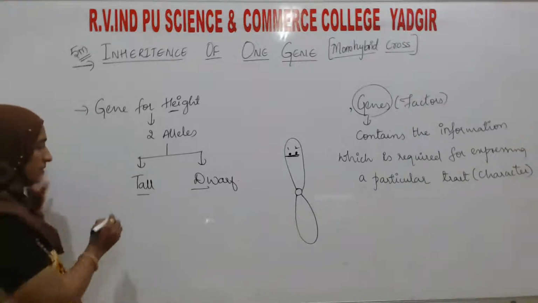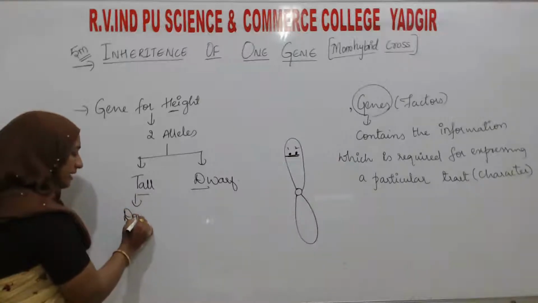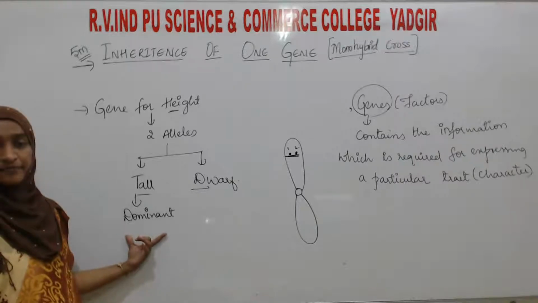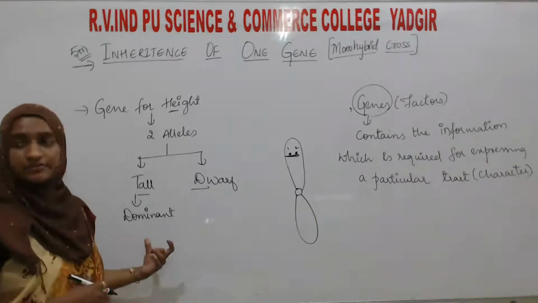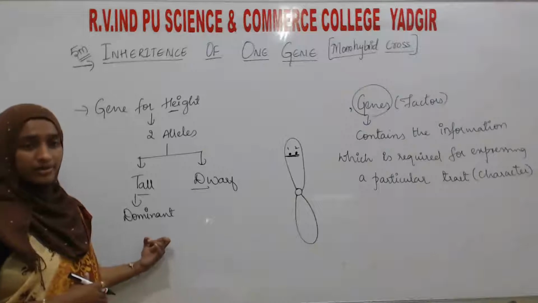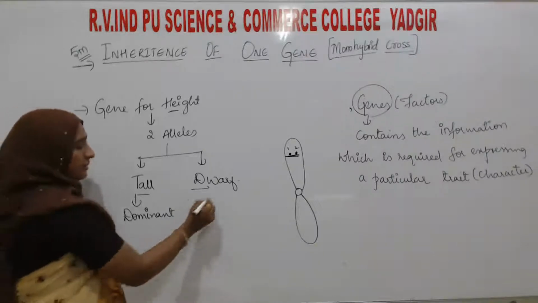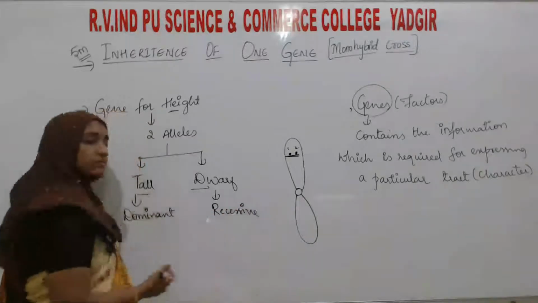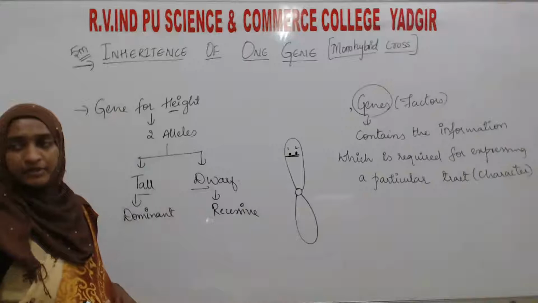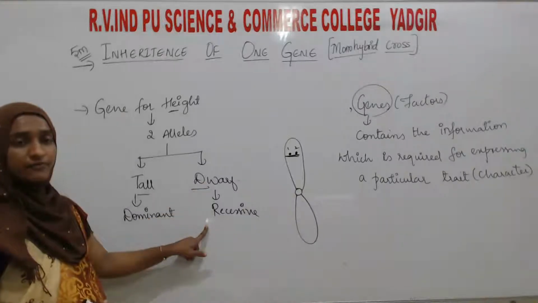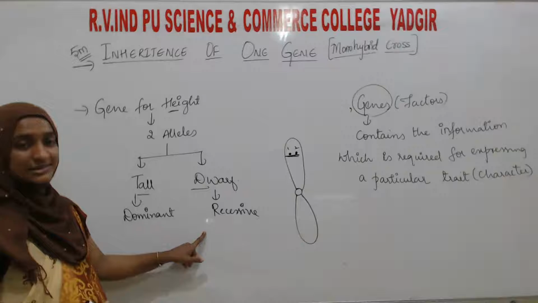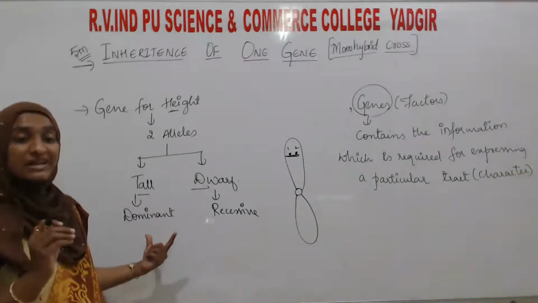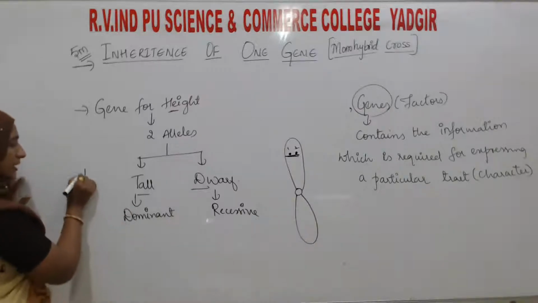In the last class, I told you the meaning of dominant: the one which expresses its character. Dwarf is the recessive character, which does not express its character. That is why it is called recessive. And always the dominant character will be represented by a capital letter.